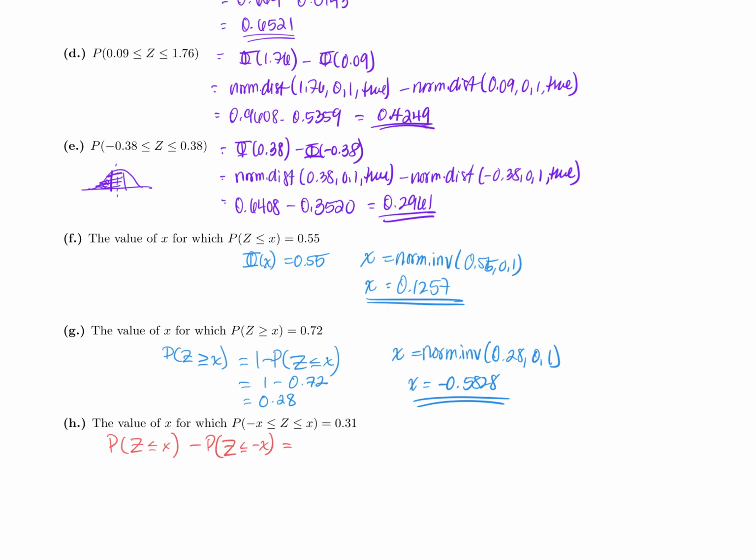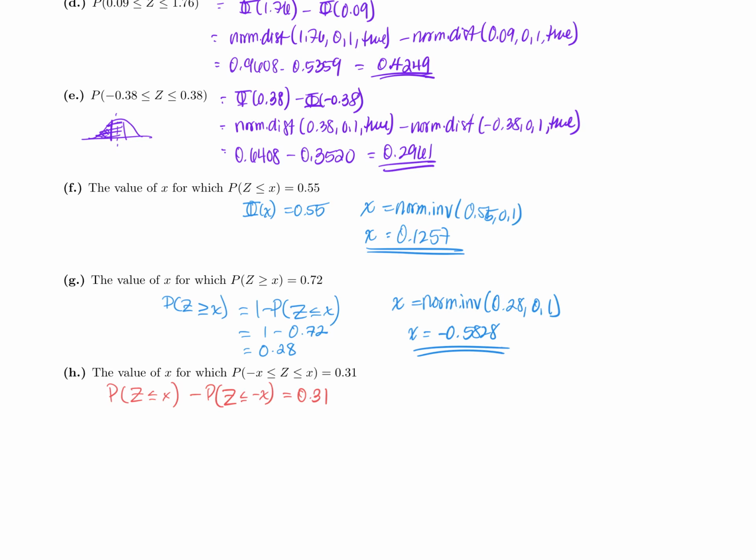And that total is our 0.31. That means that we have phi of x minus phi of negative x is our 0.31. Well, that makes this still phi of x minus, well, this would be 1 minus phi of x, is our 0.31.